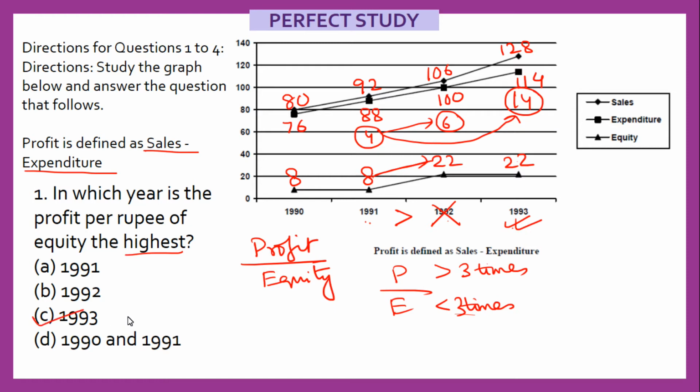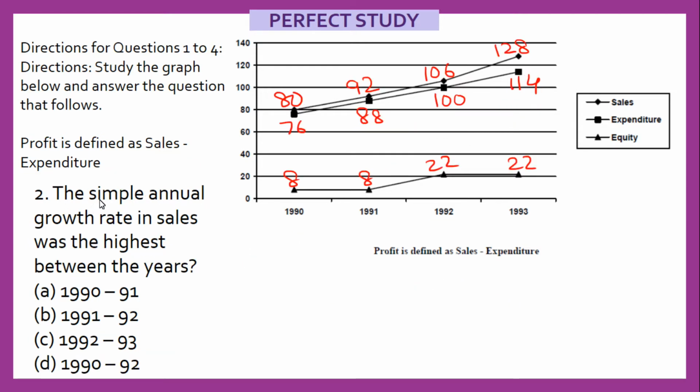Okay, now next one. So number 2, the simple annual growth rate in sales was the highest between the years. Between which years? So we need to find out between which year the growth rate in sales has been the highest. So here the sales is increasing from 80 to 92, from 90 to 91. What is my growth?